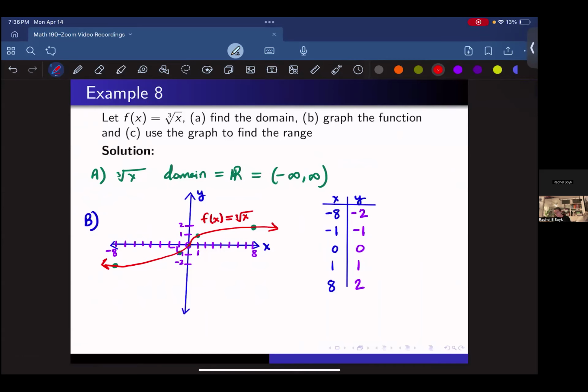Beautiful. And then last but not least, now let's use this graph to find our range. Notice that we have no restrictions for our possible y values. So we once again have all real numbers, which in interval notation is just negative infinity to positive infinity. And we're done.